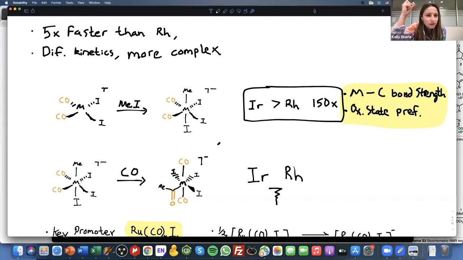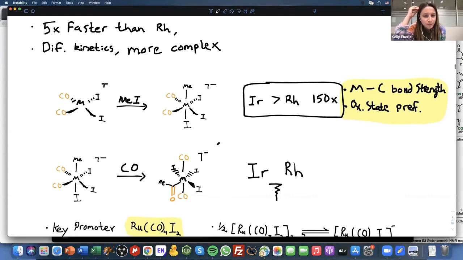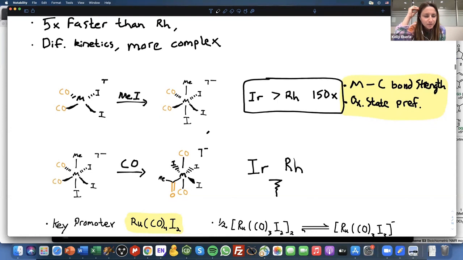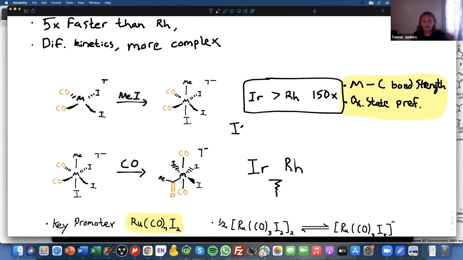I'm not sure how to think about that logic in relation to this. So if the iridium methyl bond is stronger than the rhodium, then this process should be slower with iridium.